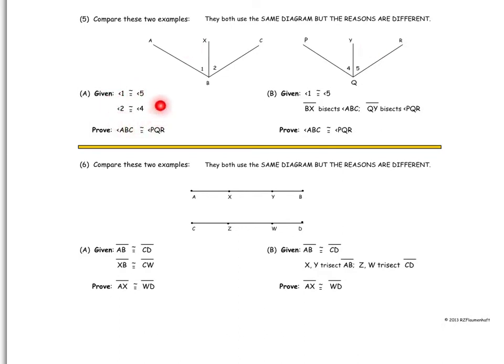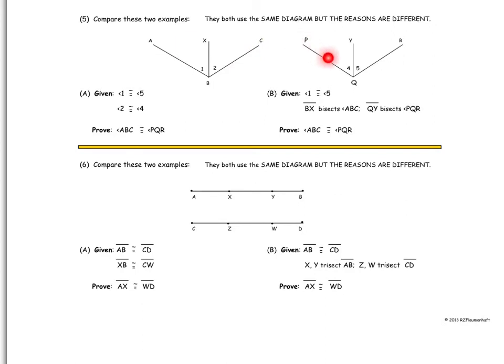I also know that angle 2 is congruent to angle 4. So now angle ABC is taken up by an angle that has the same number of degrees as this angle, and a second angle that has the same number of degrees as this angle. So I can now find the measurement of angle ABC, so to speak, by doing what to the number in here and the number in here.